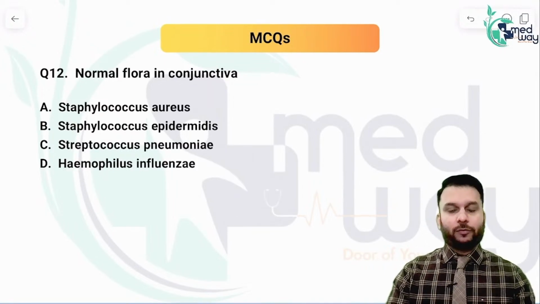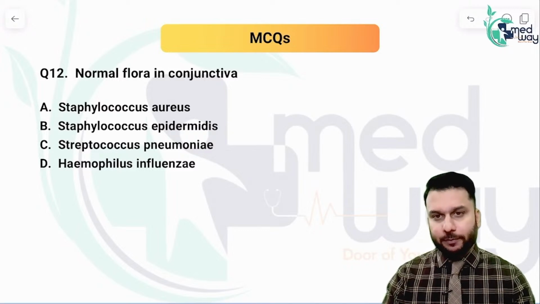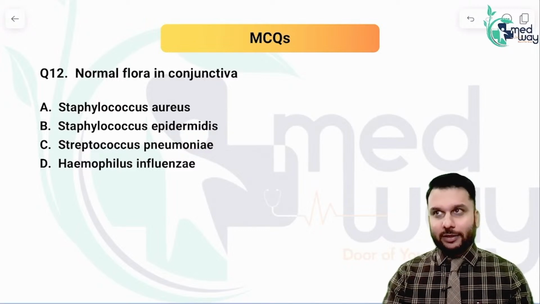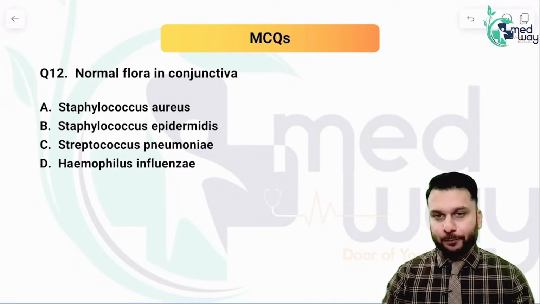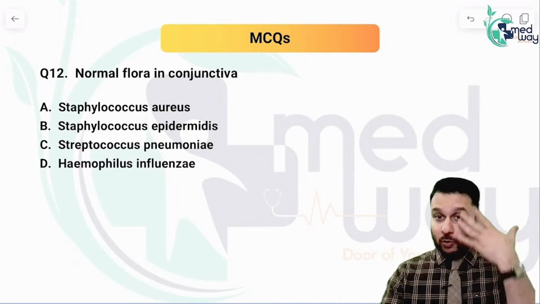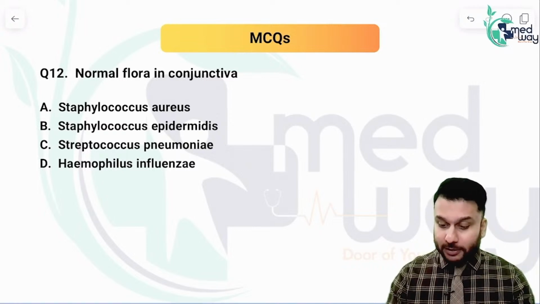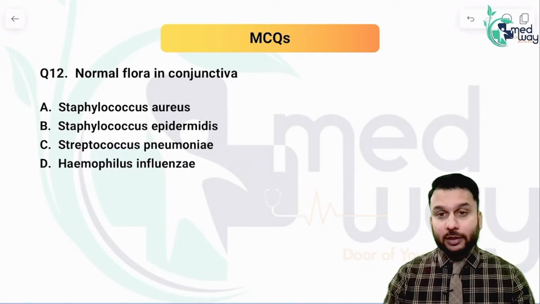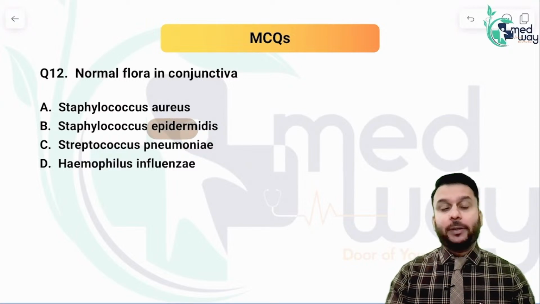Next is normal flora of conjunctiva is. Now, not a routine type of question, but as long as you know some basics, you could have applied your mind. See, conjunctiva, something more superficial, right? Skin is superficial. Who is present on our skin normally? It is a guy called epidermidis. That's why the name itself is epiderm.